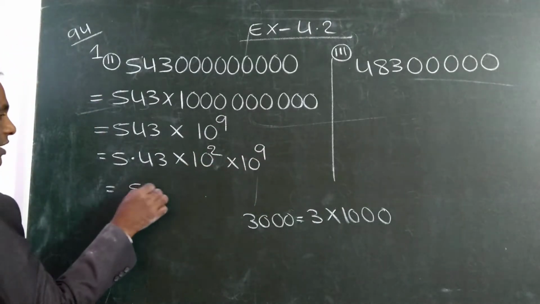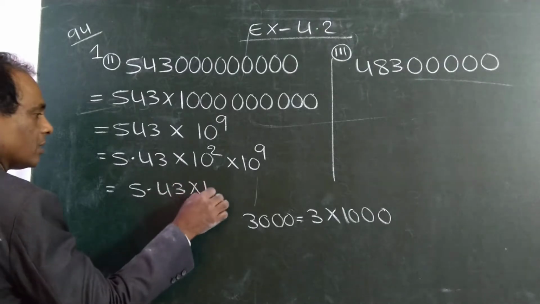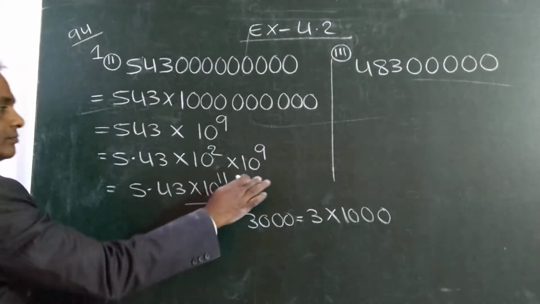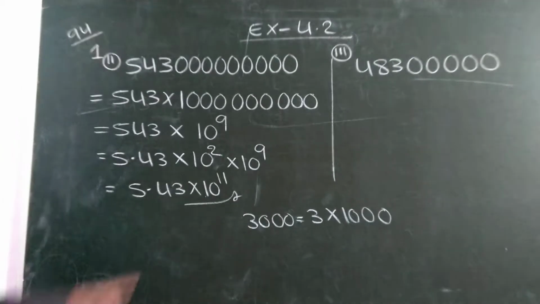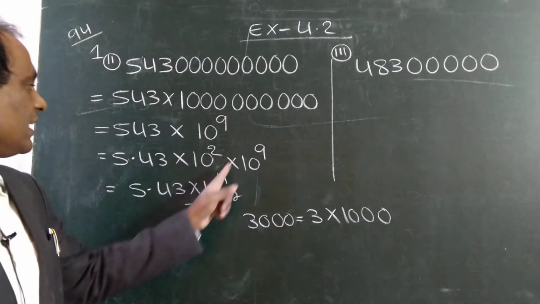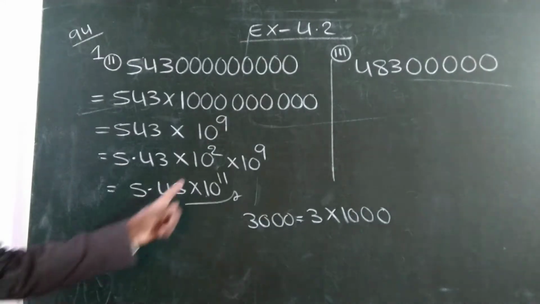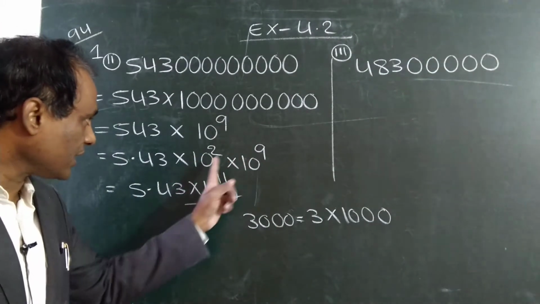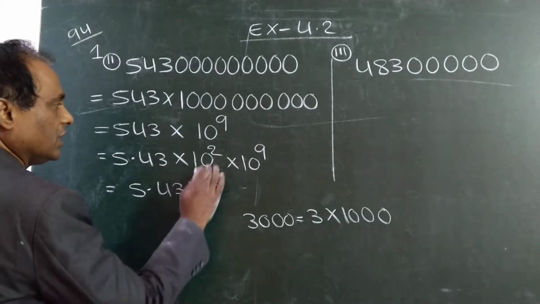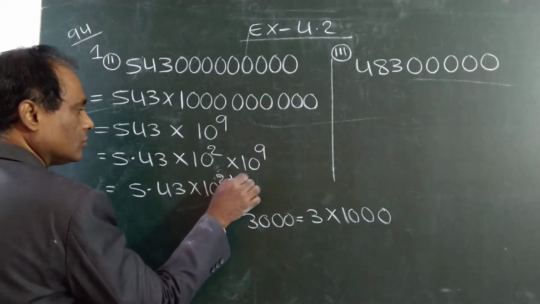So 5.43 into 10 power 2 plus 9, which is 11. 2 plus 9 is 11. a power m into a power n is a power m plus n. You can write one more step, m plus n.